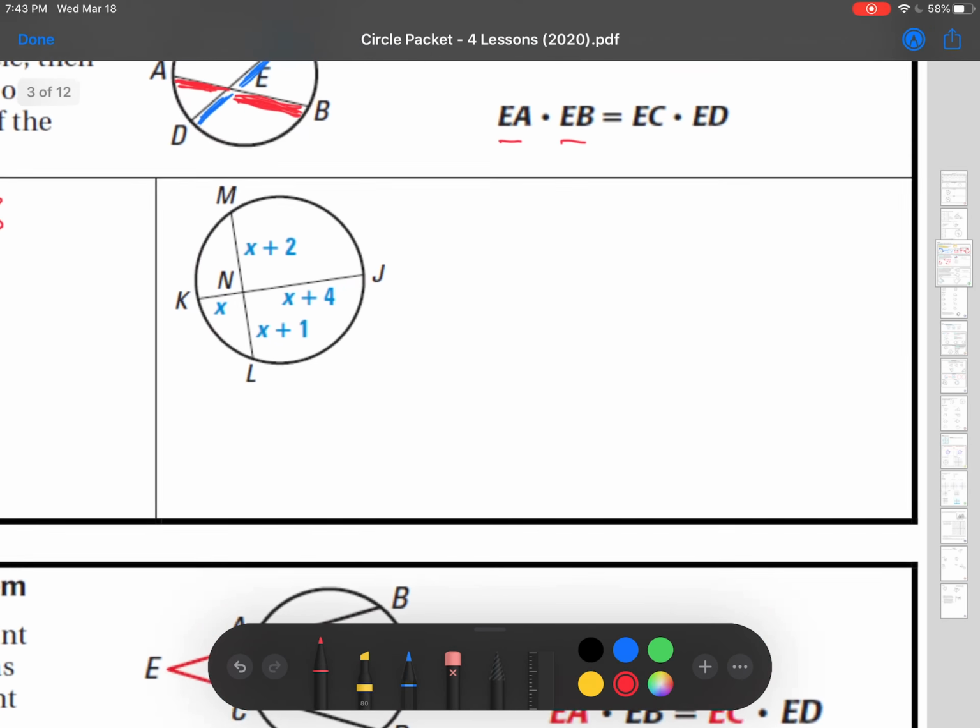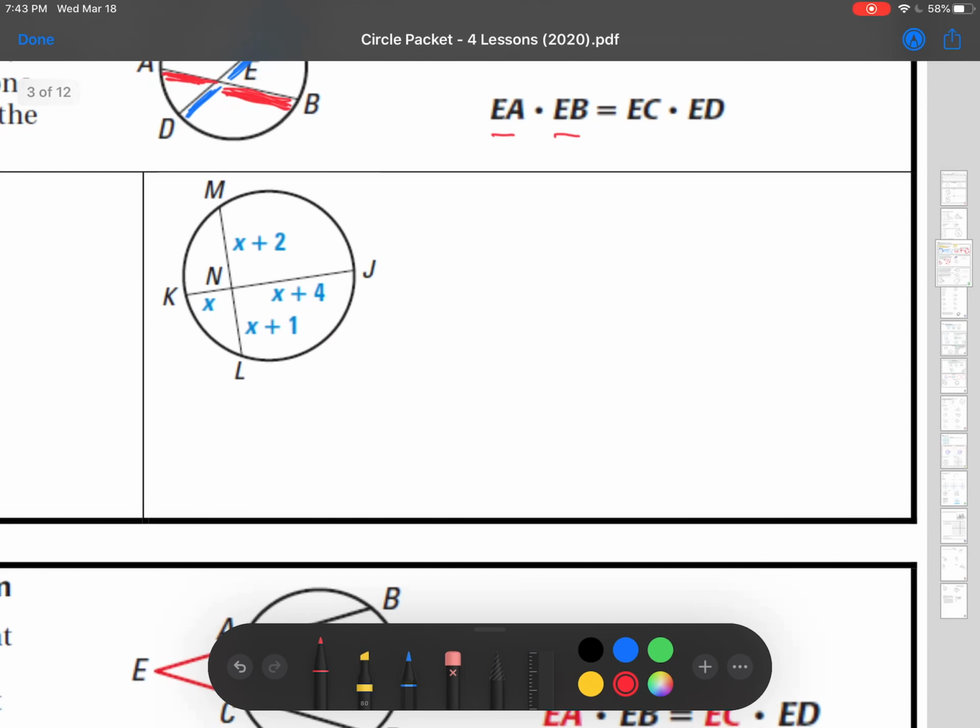This one's a lot more complicated because of all the x's. So if you run across one of these, just stay calm. We just have to take a chunk times a chunk. So let me do the x times the x plus 4. That would have to be equal to this chunk times this chunk, so x plus 2 times x plus 1. That's kind of intimidating because we have to remember our algebra.